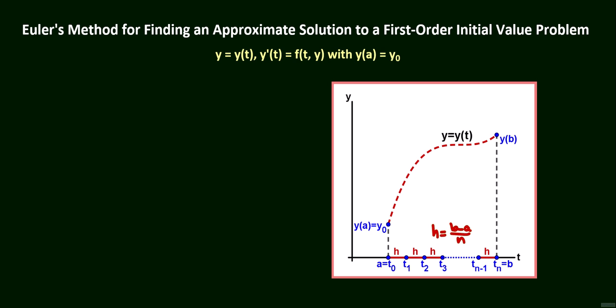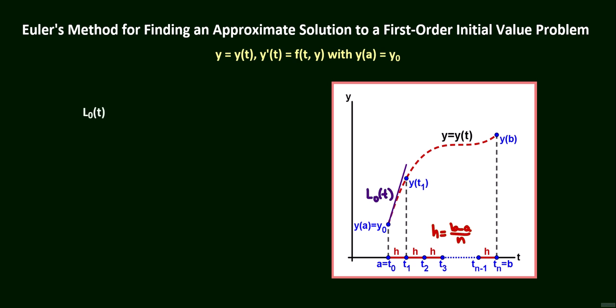Given that y of t sub 0, or y of a, is equal to y sub 0, we first approximate y of t sub 1. To find an approximation for y of t sub 1, Euler's method uses the tangent line to the solution curve at t equals a, or at t equals t sub 0. Let the tangent line at t equals t sub 0 be given by L sub 0 of t.